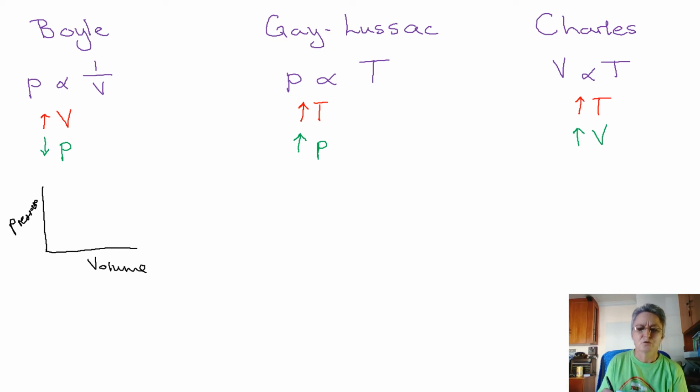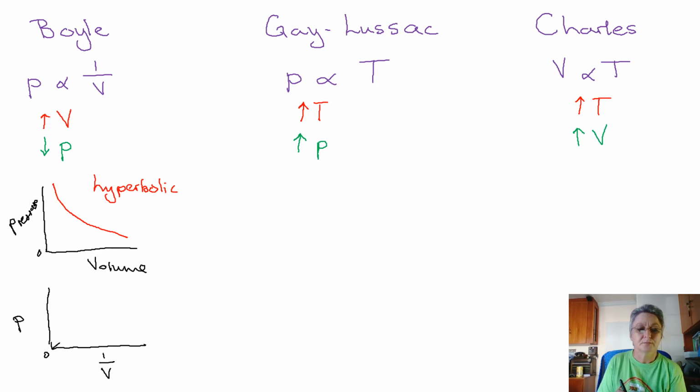And taking you to basic mathematics, the graph is hyperbolic. So if you draw the graph of pressure against 1 over volume, being the inverse of volume, the graph will be linear.